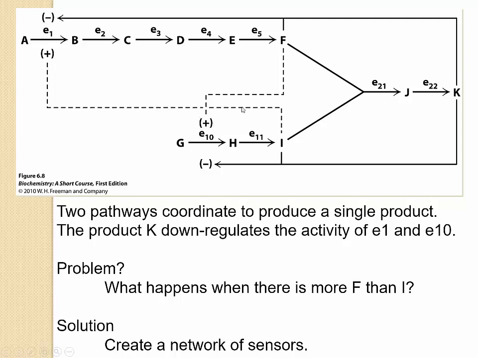Enzyme 10 senses the amount of F. If F is too high, enzyme 10 speeds up to make substrate I. If I is in overabundance, enzyme 10 senses that and slows down. Enzyme 1 senses that and speeds up to create more F. If K becomes overabundant, enzymes 1 and 10 can both see that and will slow down the formation of the whole system.